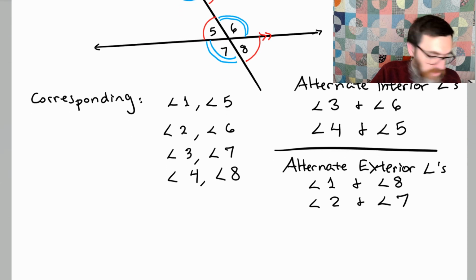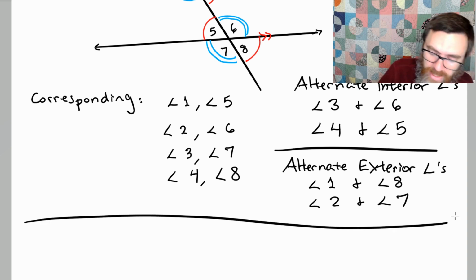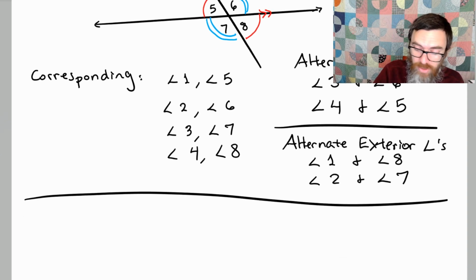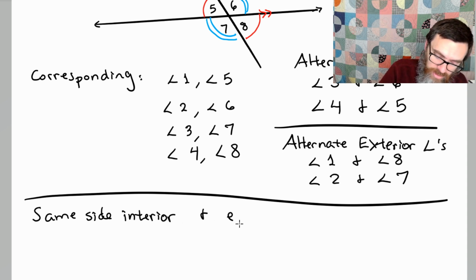And then we have some kind of weird, I'm not going to say weird, but it's just not things that are congruent. So we have same side interior and exterior angles.